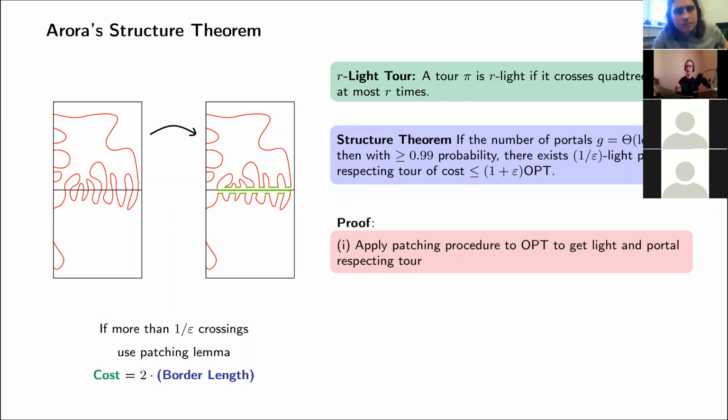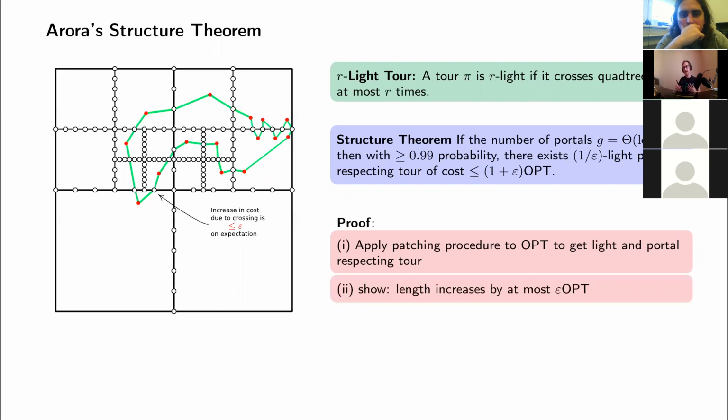Okay. So we have now modified this tour to be 1 over epsilon light, but we didn't have any guarantees on this new cost, right? In this situation, the cost was 2 times the length of this border. So what Arora shows is basically that if you only look in expectation at a single crossing, the cost that he incurs is less than epsilon.